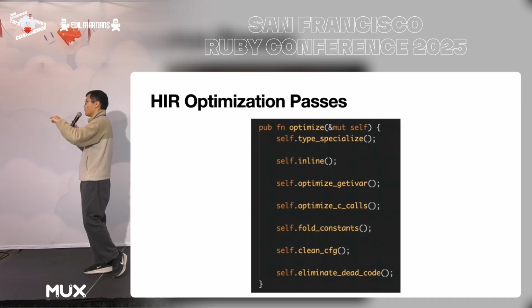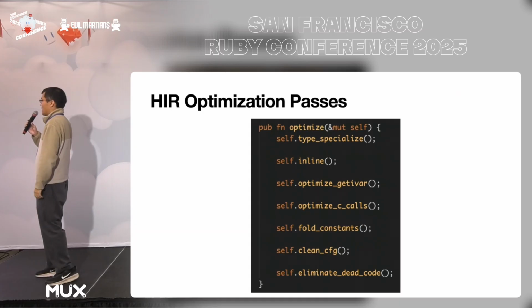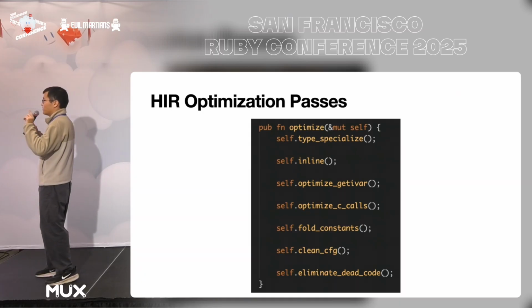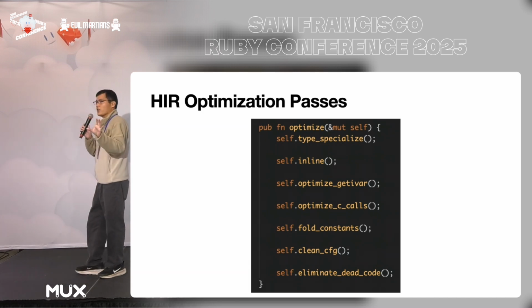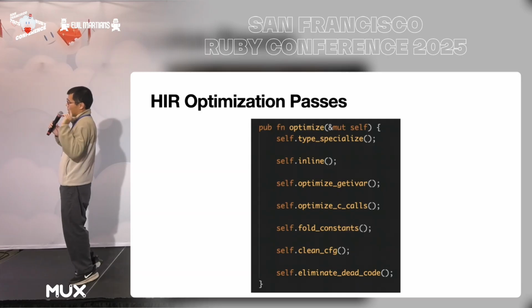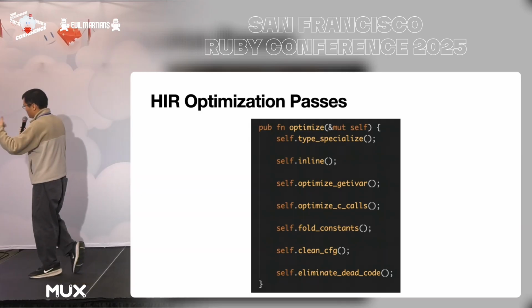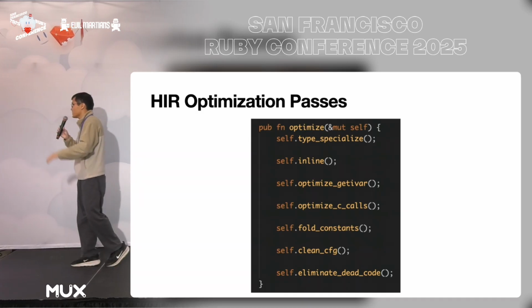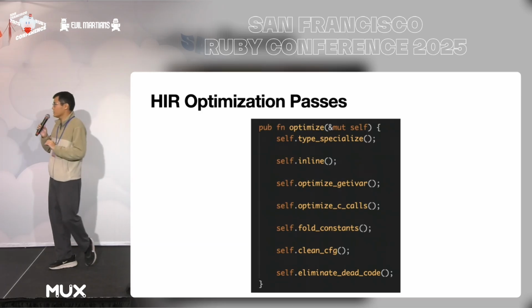For example, if the method just returns one, we just replace the call with one. That's what we do for the problem I just mentioned with LLVM, which is that rb_funcall cannot be easily optimized by LLVM. But with this Ruby-specific IR, we can do Ruby-specific and virtual machine-specific optimization, such as type specialization based on the ZJIT profiling information.